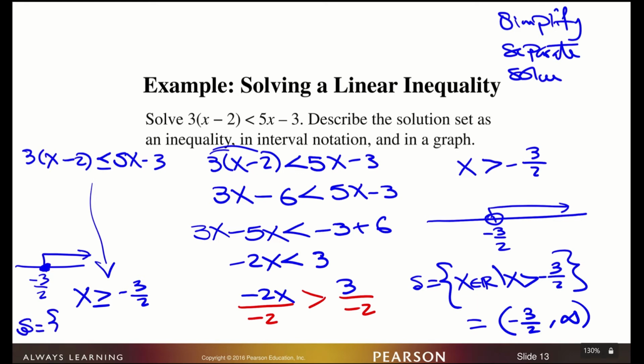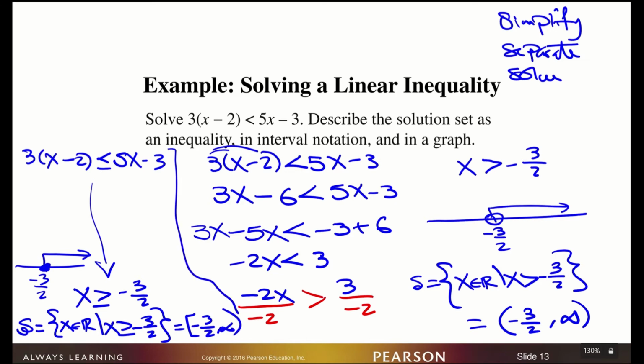The solution set would look like all x belonging to R such that x is greater than or equal to negative 3 halves in set builder notation, and in interval notation it would be bracket negative 3 halves comma infinity. Okay, so this was a what if scenario. The actual problem we're dealing with has a strict inequality. So that would be the solution for the actual problem we were dealing with on this page.